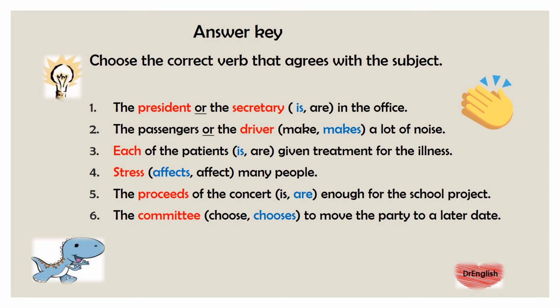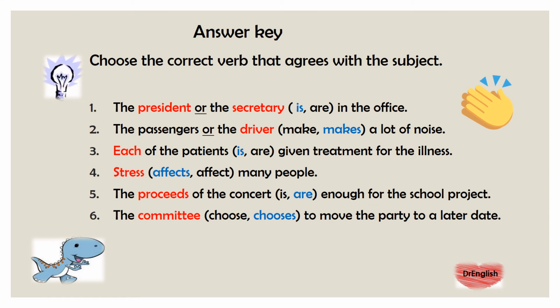In the sentence, the noun closest to the verb is driver and it is singular. Therefore, the verb should be in the singular form. So the correct answer is makes. The passengers or the driver makes a lot of noise.